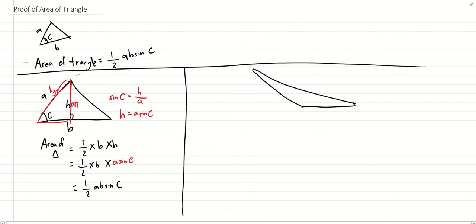Okay, similarly, let's label them again. A, B, C. And this time around, we know for a fact that my height will be somewhere over here. So again, we have area of triangle equals half times base times height. Now, can we express h in terms of A and C?